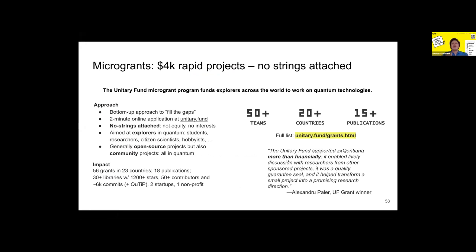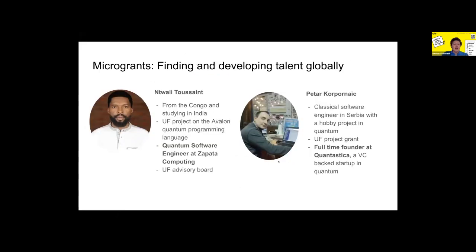Please go to unitary.fund/grants if you have an idea, a project through which you would like to be supported, and you will be paired with mentors if your project is accepted, that can also help you advance on your project. One of the first projects that was given out was actually from a student from the Congo studying in India.